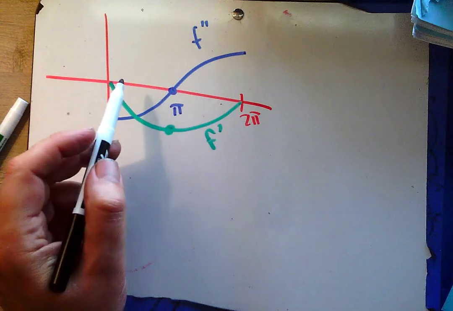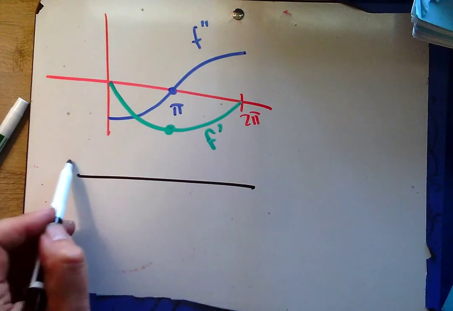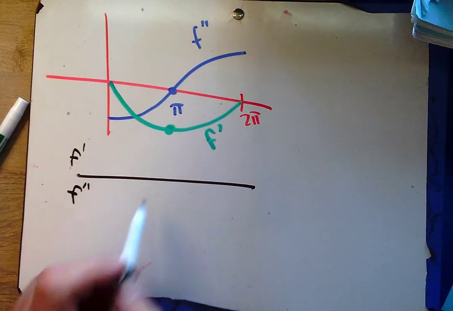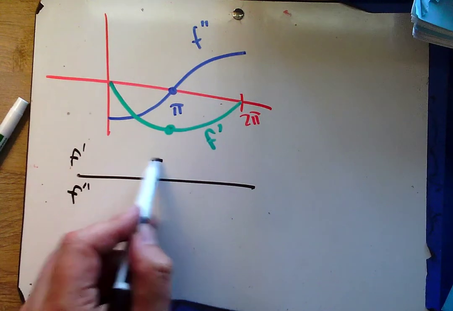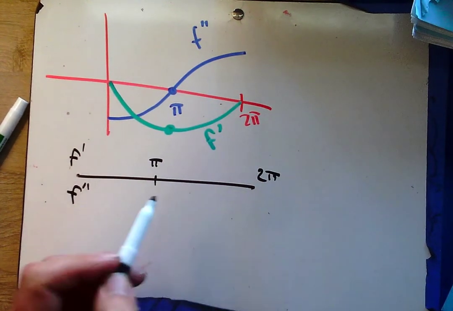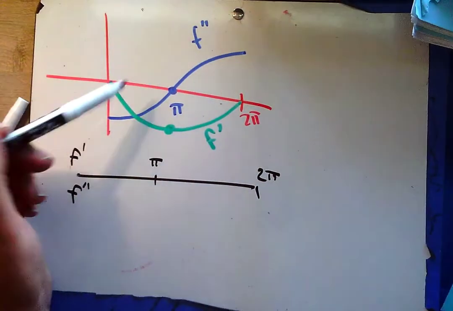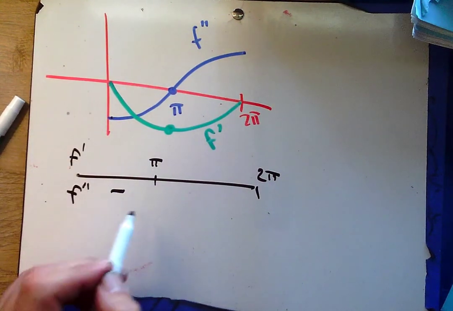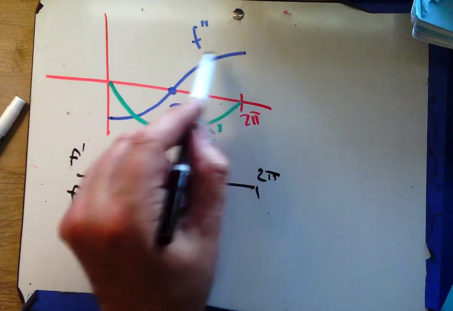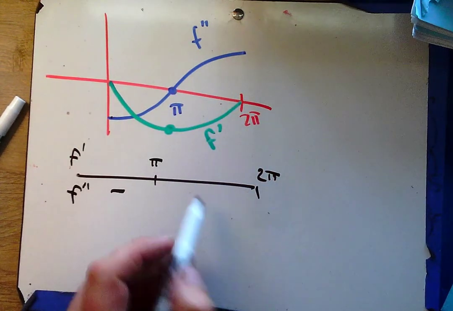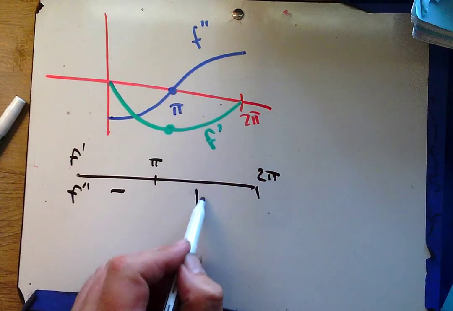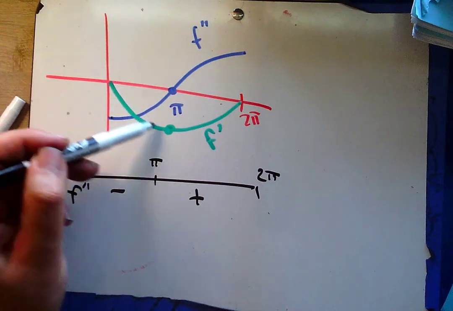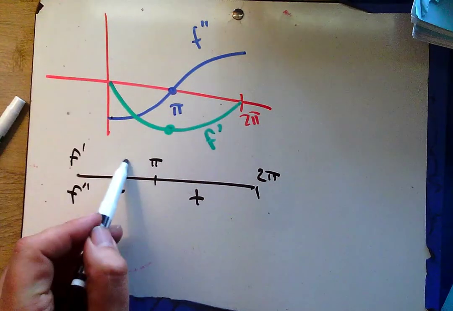All right, well, let's see what's going on here. F prime, f double prime. We've got pi, we've got 2 pi. It looks like f double prime is negative from 0 to pi, and f double prime has positive y values from pi to 2 pi. Okay. It looks like f prime is negative everywhere.